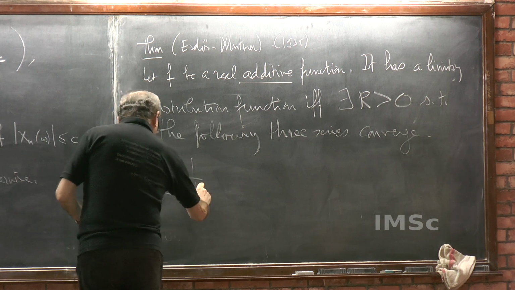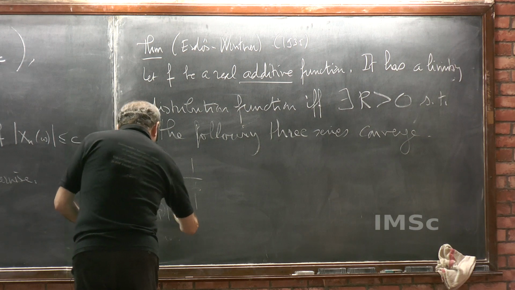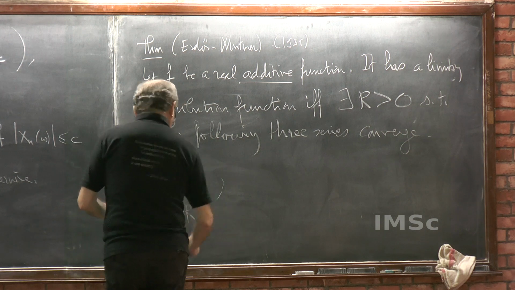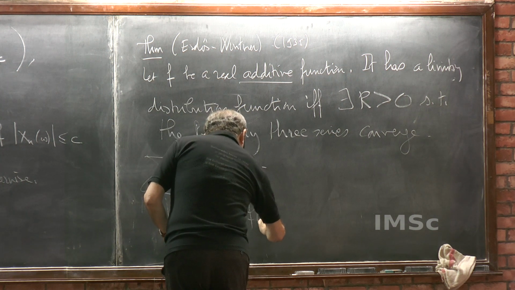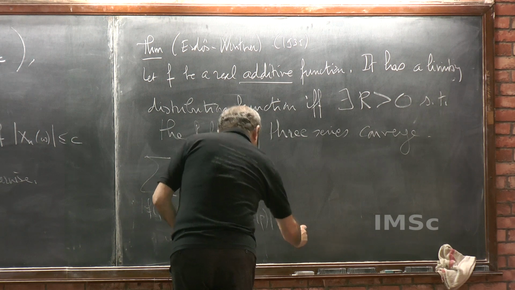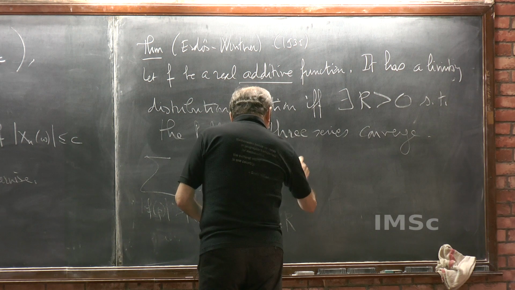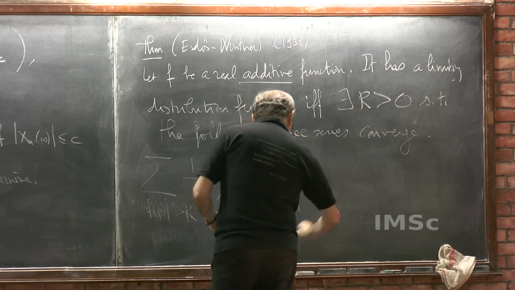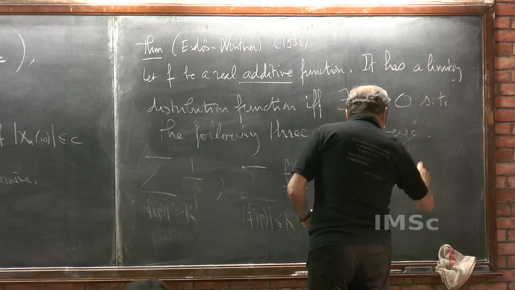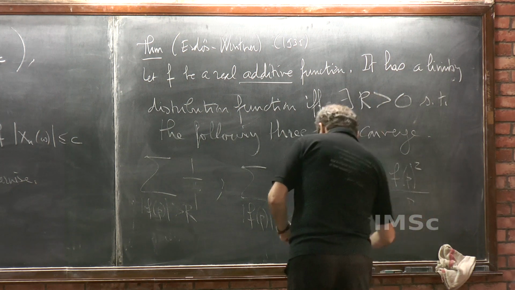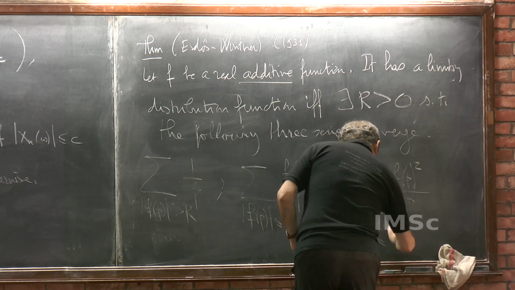Summation of 1 over p when f of p is larger than r. The second one will be the summation of f of p over p when f of p is at most r. And the third one is the summation of f of p squared divided by p when f of p is at most r.